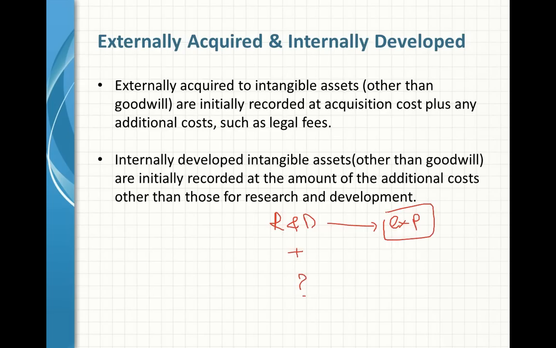For the last 2 or 3 years, this rule has come that R&D is to be expensed, but the rest of the amount is to be capitalized. So on this, you can expect amortization. Whatever amount you spend on R&D should be expensed in the period you spend it, but the additional cost is to be capitalized.